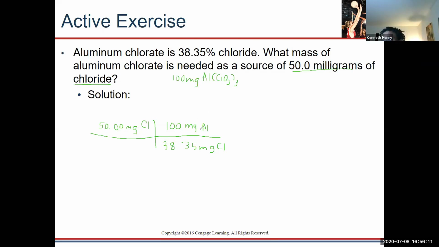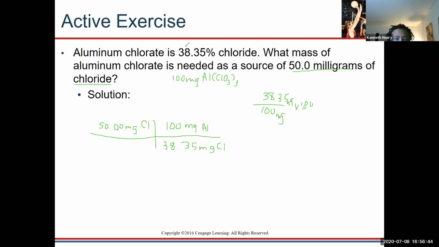Now I'm bringing it back to the fraction. This is the reason why we use 100%. You're just saying 38.35 grams, or milligrams in this case, times 100, and that's going to be the same thing as what we're saying here in terms of our percentage.